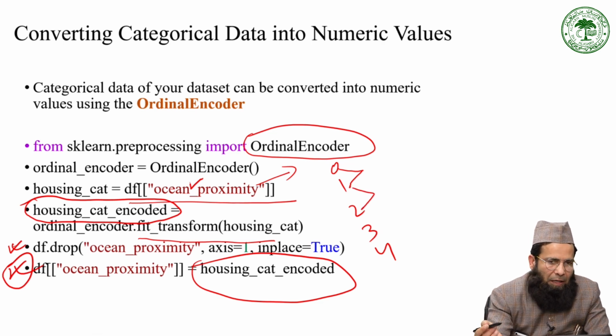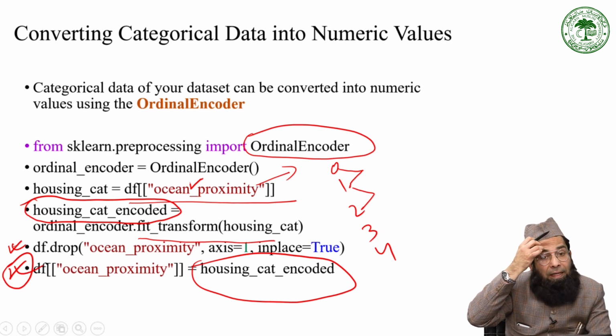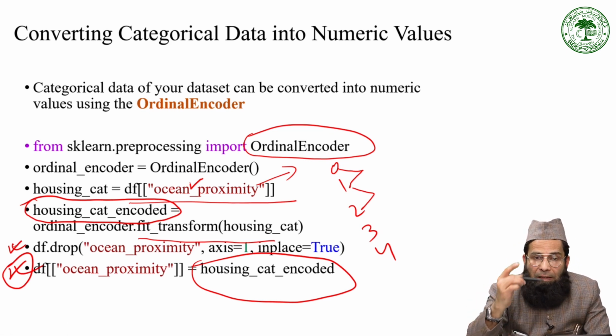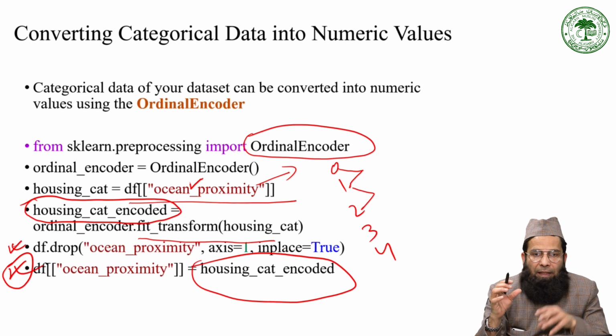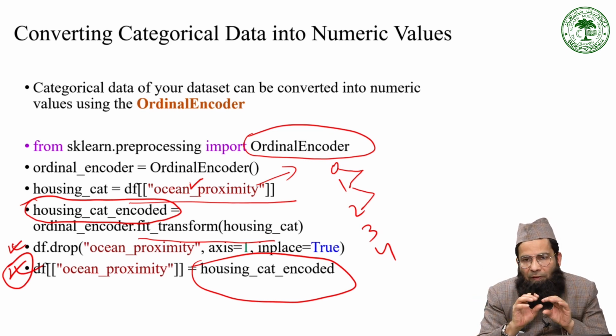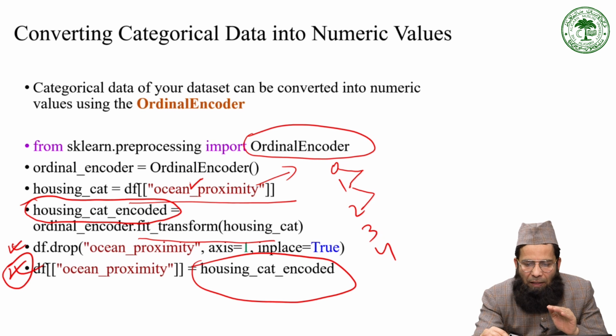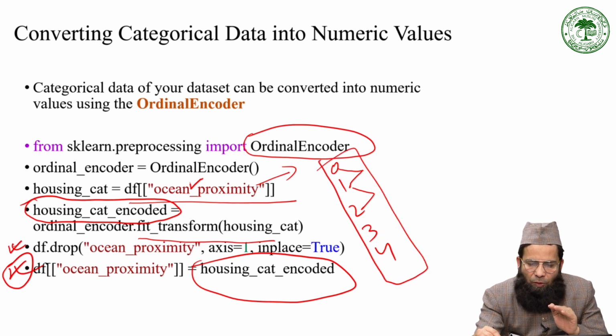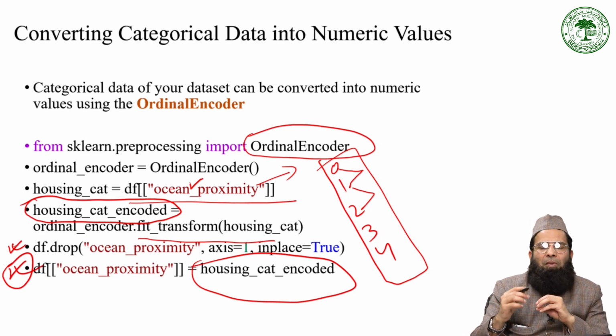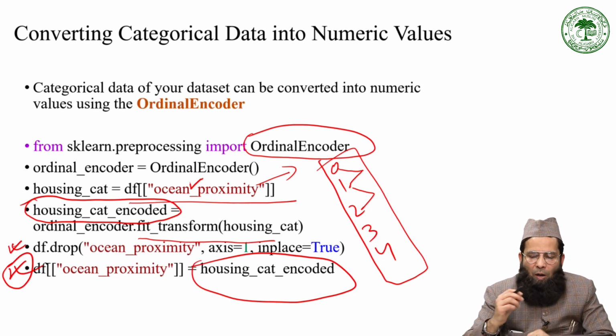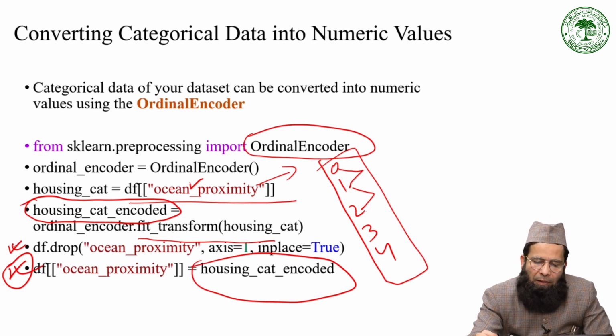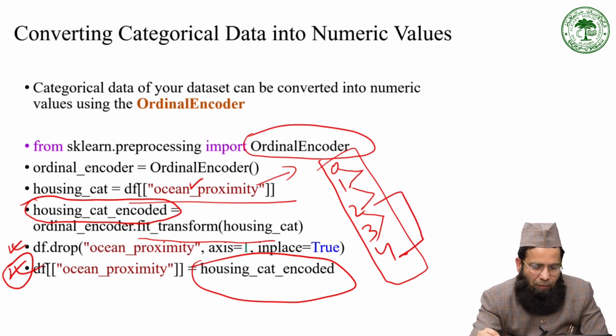But when we convert categorical data to numeric values, there is no such relationship between the different categories. So if we convert using the ordinal encoder, it is actually establishing a relationship. The model would identify that these two are nearer to each other as compared to these two.